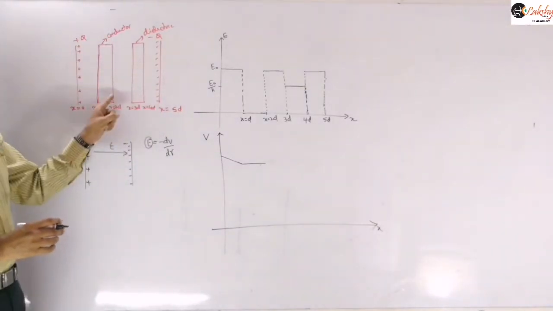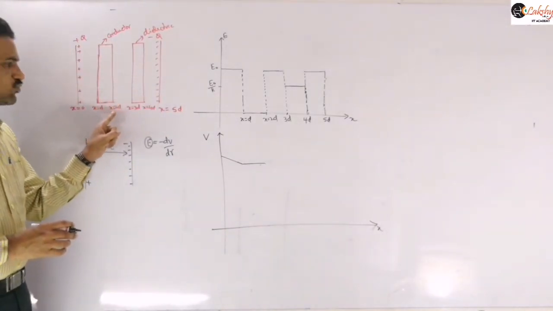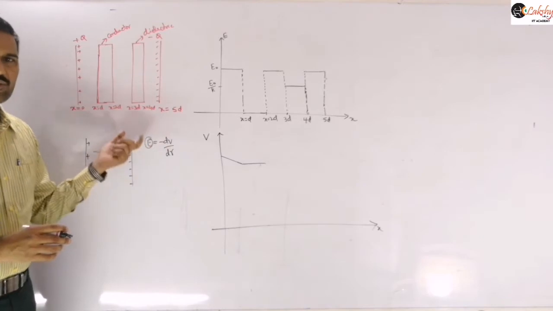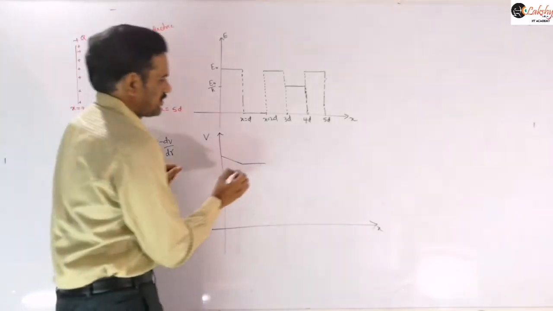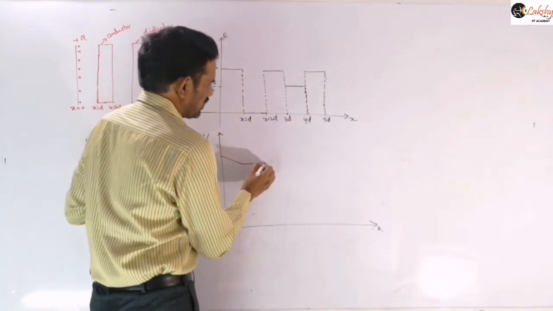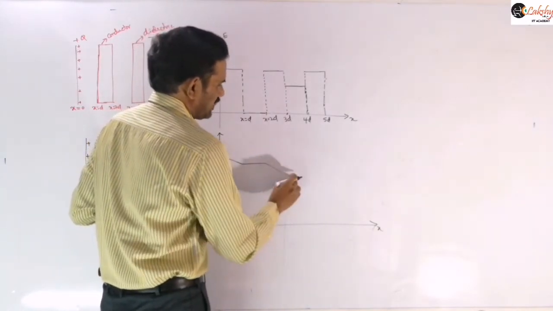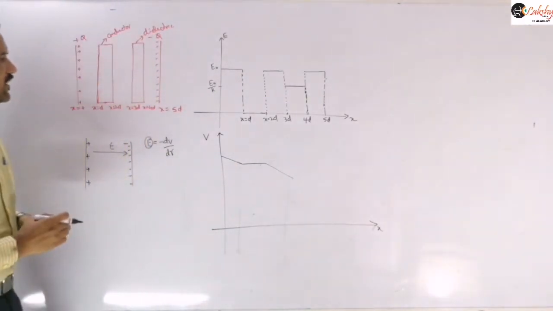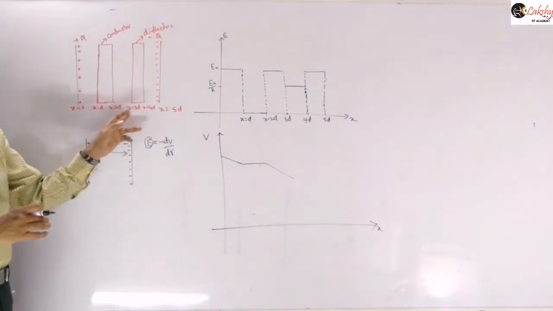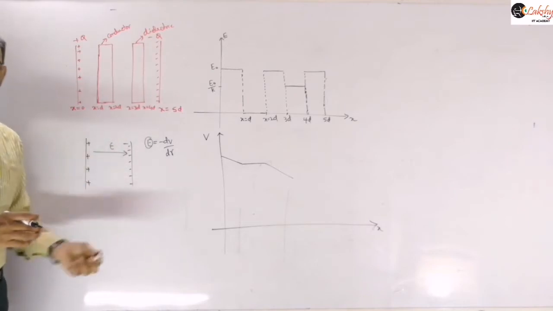And next, when you are traveling from 2d to 3d, again we are in air medium. So whatever change is there from 0 to d, a similar change will be there here. The potential goes on decreasing until 3d. Next, from 3d to 4d, we are in dielectric medium.